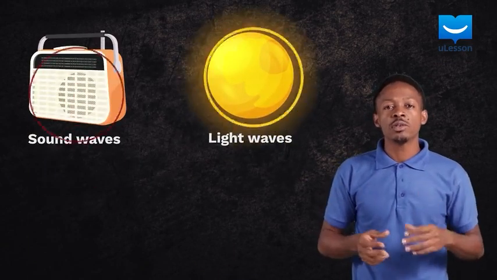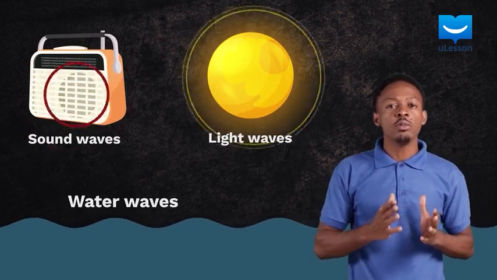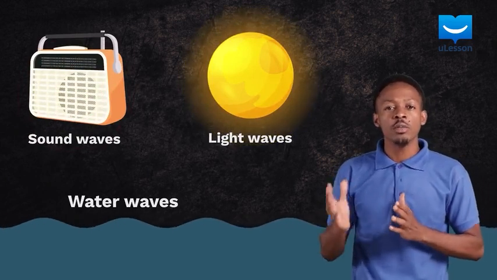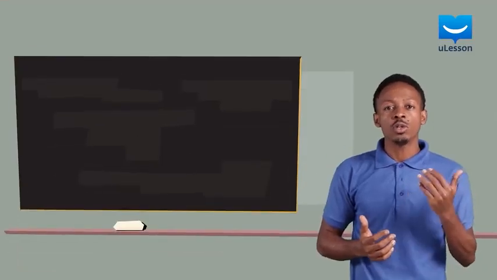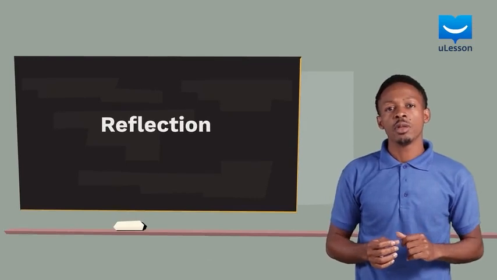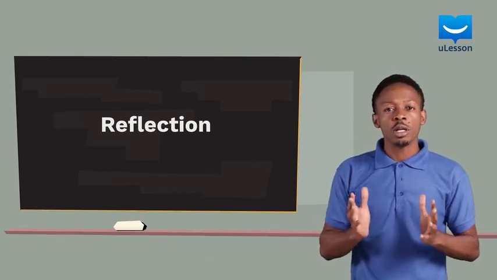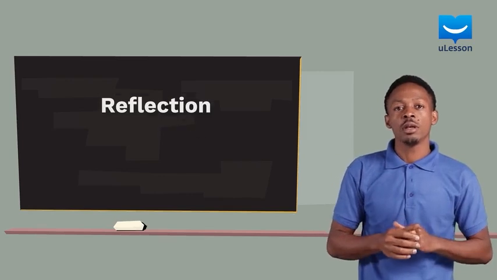Also, a wave can be in the form of sound waves, light waves, water waves, and so on. When these waves are traveling through a medium and encounter another medium, several things can happen. One of which is what we're discussing in this lesson, which is reflection. We shall discuss other phenomena that occur as a result of this encounter in other lessons.